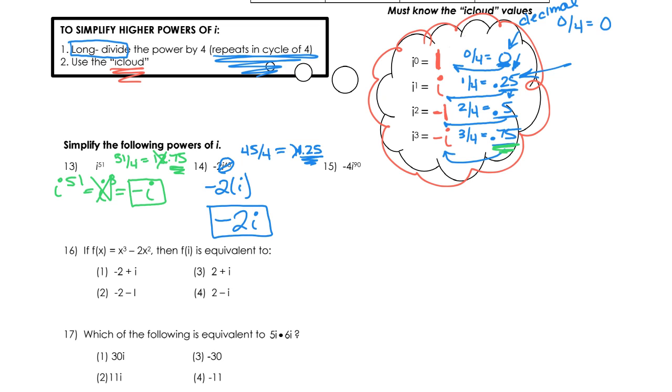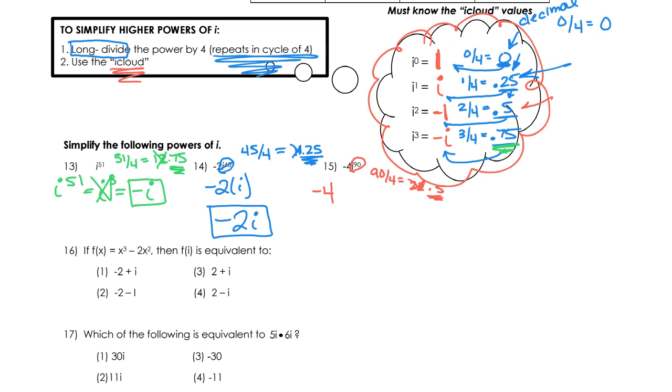Okay, we're going to do it again. In number 15, we also have a coefficient of negative 4, and that negative 4 is going to stay. We're going to take this i to the 90th and simplify it down to a lesser power. We take our 90 and divide it by 4. 90 divided by 4 is 22.5. Again, we don't care about the 22, we just care about the 0.5.